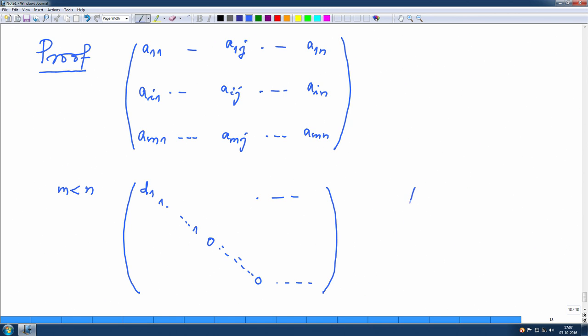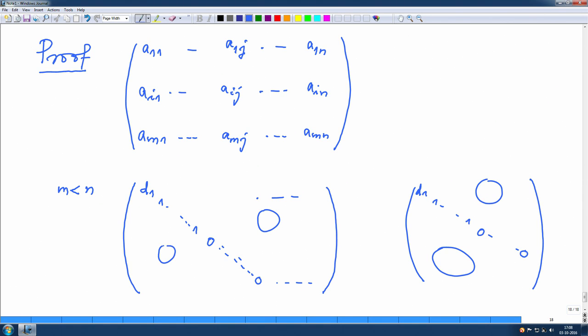Otherwise, in the other case, it will look like D1, 1, 1, 1, 1, 1, and then it will hit the other side faster. And then there is 0 here, 0 here. So that is what we want to achieve.